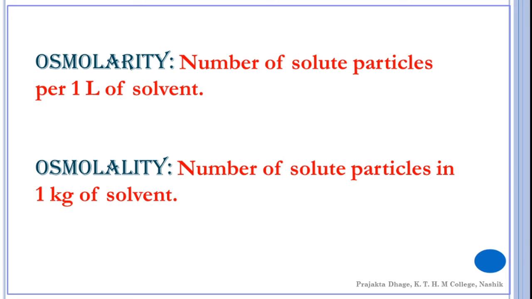So, a solution is said to be hyperosmotic if its osmolality is greater than that of the reference solution, and hypoosmotic if its osmolality is less than that of the reference solution. So then what is an isosmotic solution? It is nothing but the solution in which osmolality is identical to that of the reference solution.